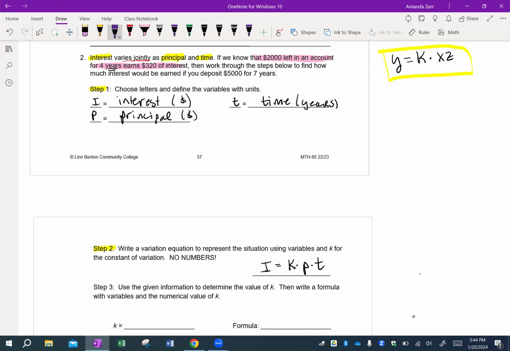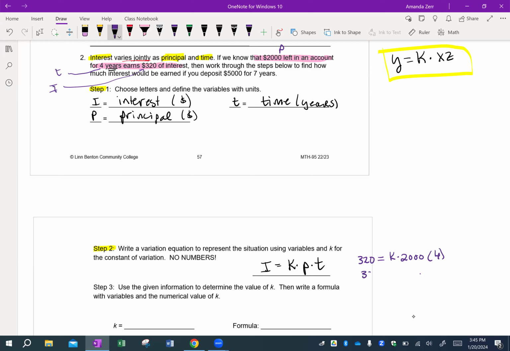So that's my P. In this particular example, 4 is my T and 320 is my interest. Okay, so that's just an example, but that's going to allow us to figure out what K is worth. So I had 320 of interest is what I get when I take $2,000 and invest it for 4 years.